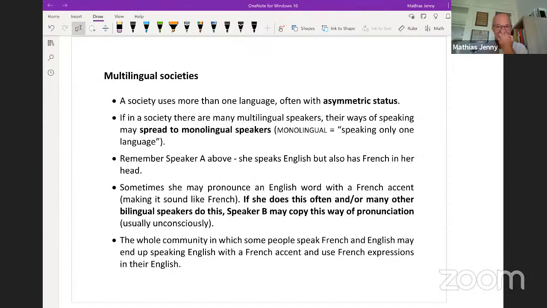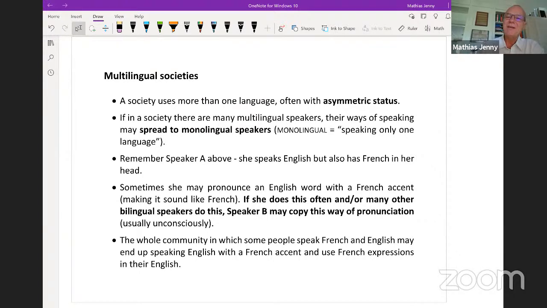So there is asymmetric status of these languages. Now, in a society that uses more than one language, there are usually some or many individuals who speak both or all the languages used in the society. Others may speak only one, maybe monolingual.